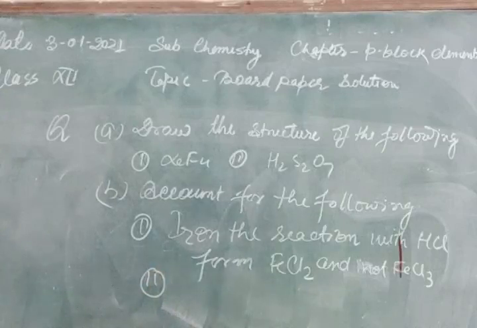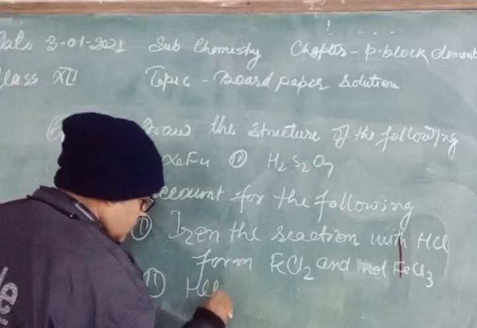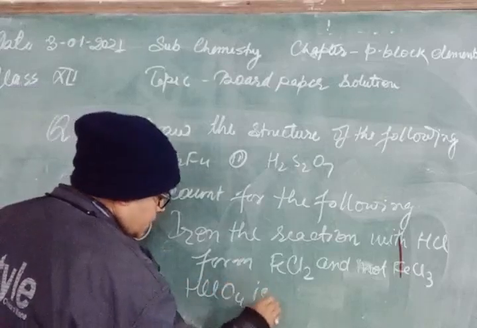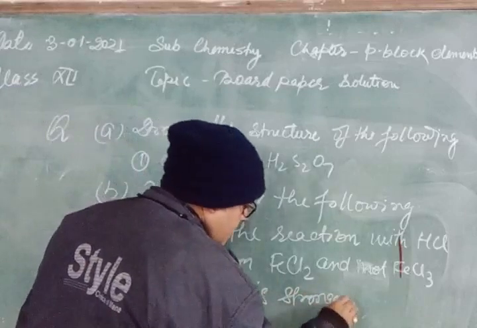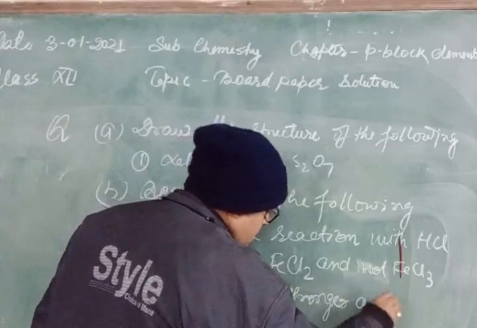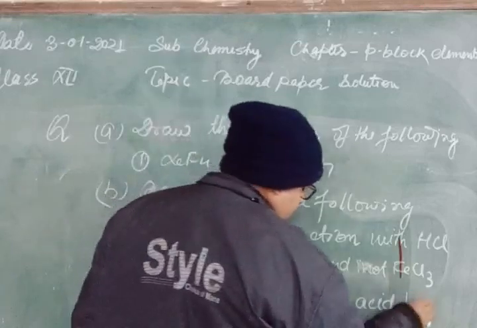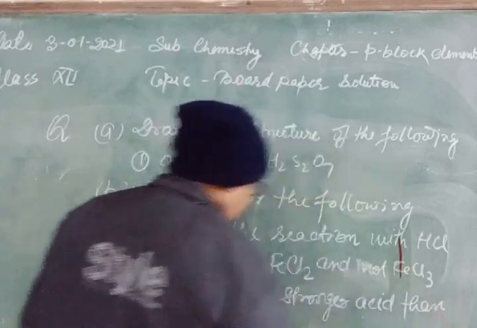Second question is: HClO4 is a stronger acid than HClO.